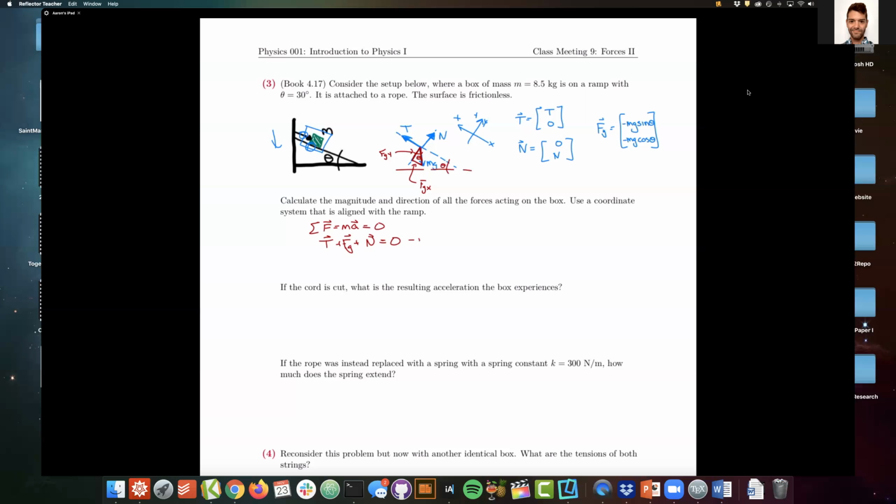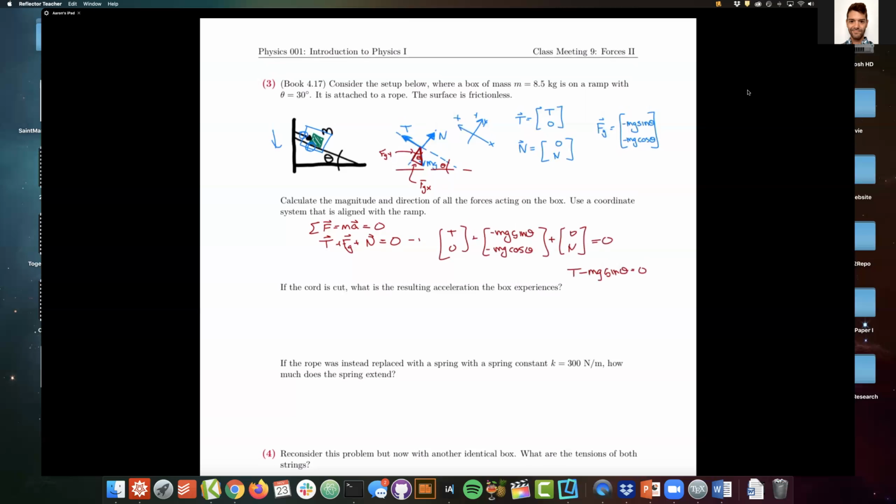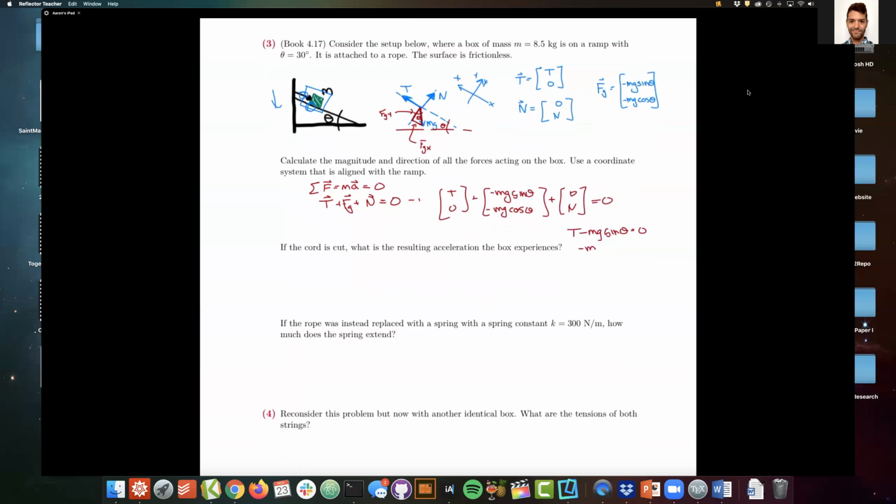Then if I bring in their vector expressions, that says (T, 0) plus (negative mg sine theta, negative mg cosine theta) plus (0, N) must equal 0. If I look just at the top row, T minus mg sine theta equals 0. Then it looks like negative mg cosine theta plus N equals 0.